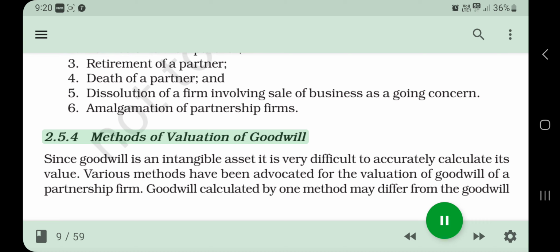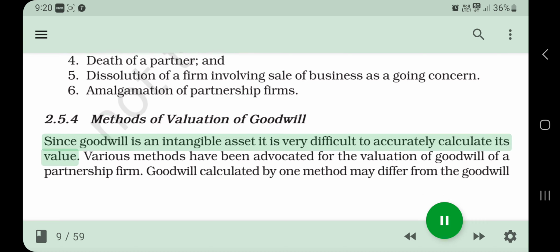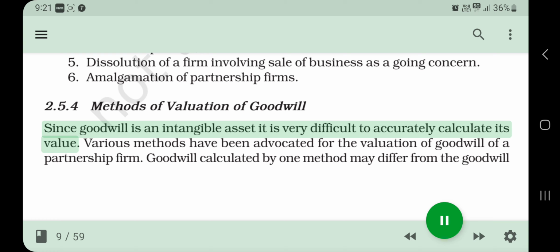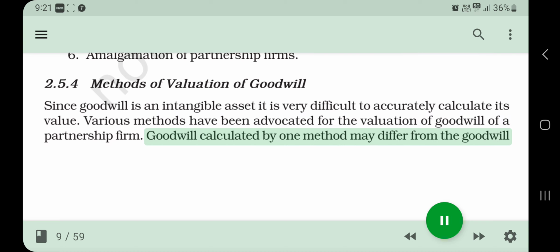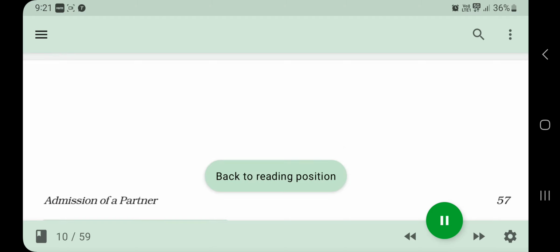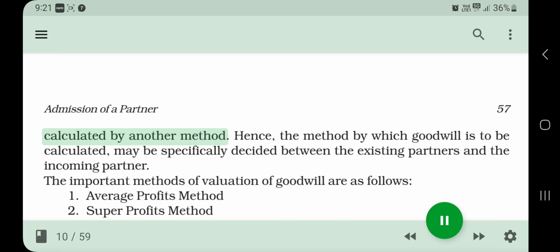2.5.4 Methods of valuation of goodwill. Since goodwill is an intangible asset, it is very difficult to accurately calculate its value. Various methods have been advocated for the valuation of goodwill of a partnership firm. Goodwill calculated by one method may differ from the goodwill calculated by another method.